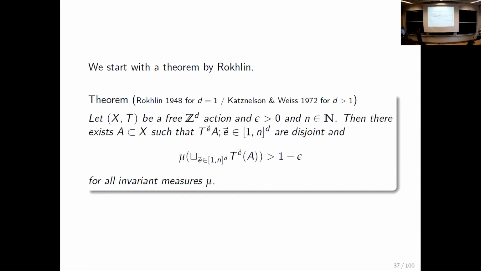Then there exists some measurable set A contained in X such that if I look at translates of that set along the box, I'll always get something disjoint. And the rest of the space has very small measure, less than epsilon.